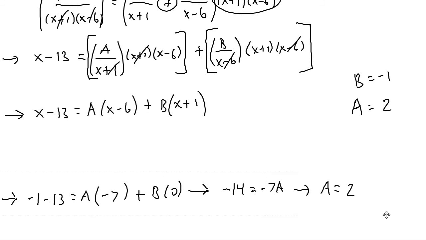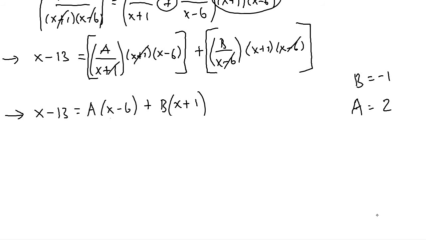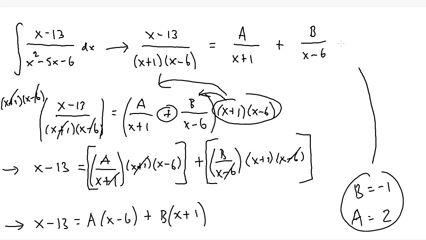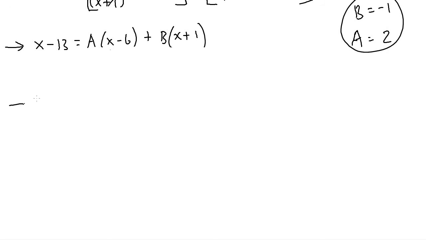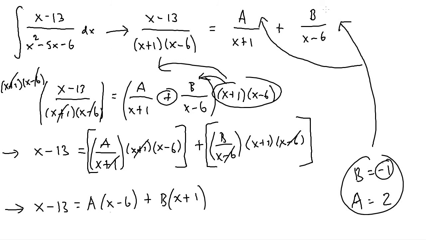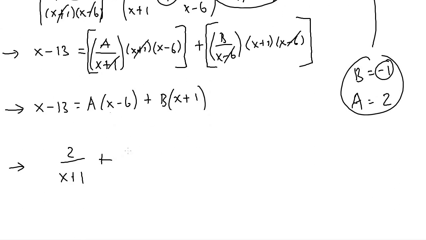Now I can finally plug these values back into these two fractions. Since a is equal to 2, I get 2 over x plus 1, plus b is equal to negative 1, so I get negative 1 over x minus 6.